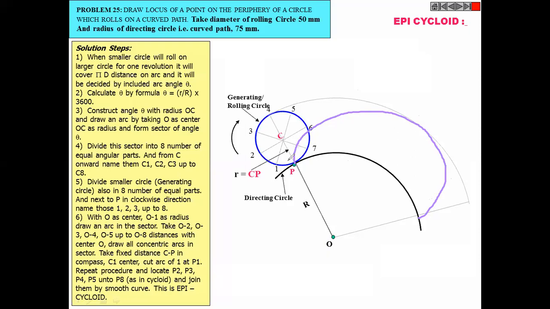Ultimately, this P point, if we convert it into linear dimension, how much distance is it covering? It is starting from here. If we want it to come back to this position, what distance should we cover on this circle? Anyone? Answer me.